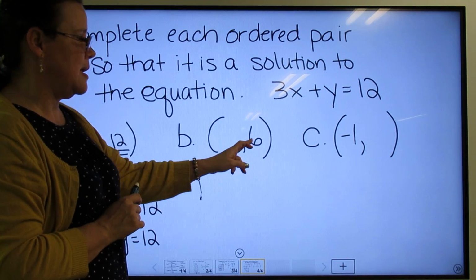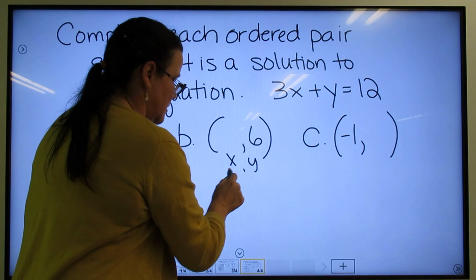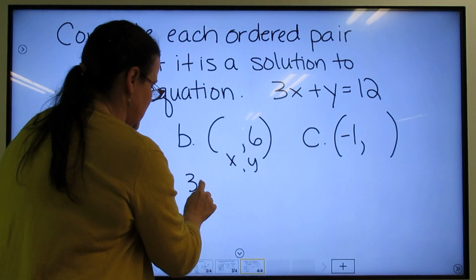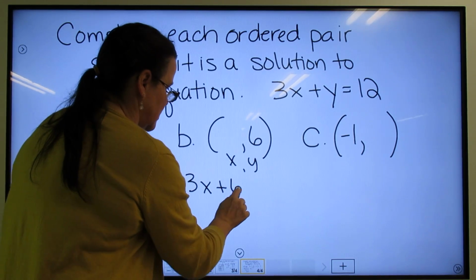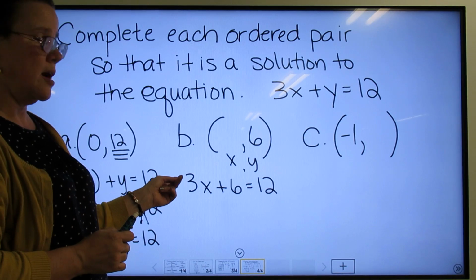So B, they gave me a y of 6. Remember, this is your x, y, ordered pair. And they gave you the 6. So you would do 3x plus 6 equals 12. And now this is the equation. You have to solve for x.